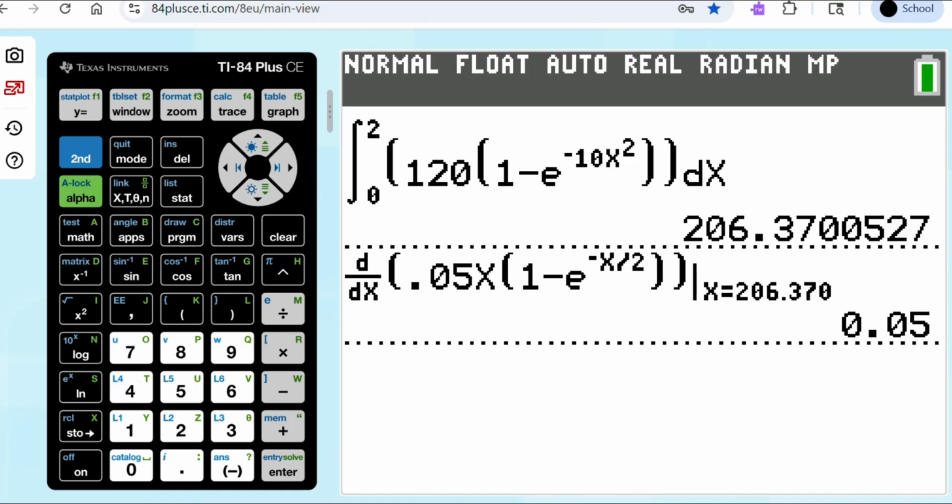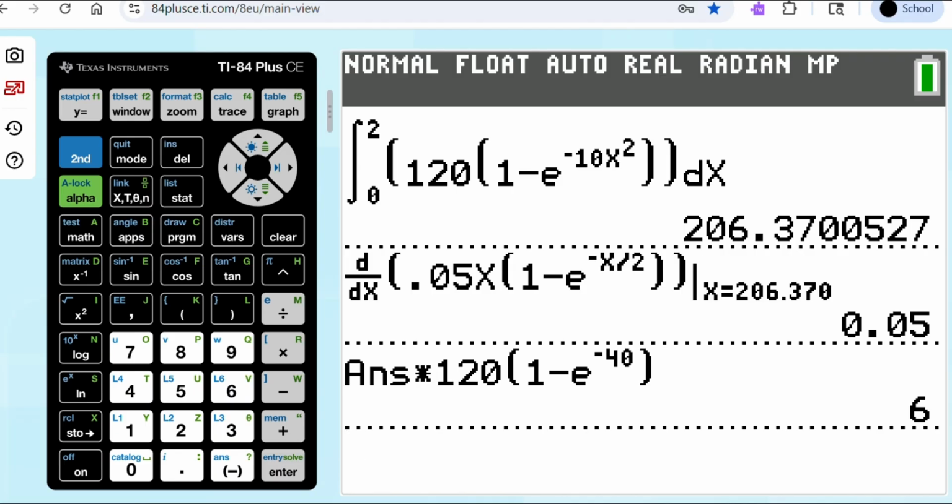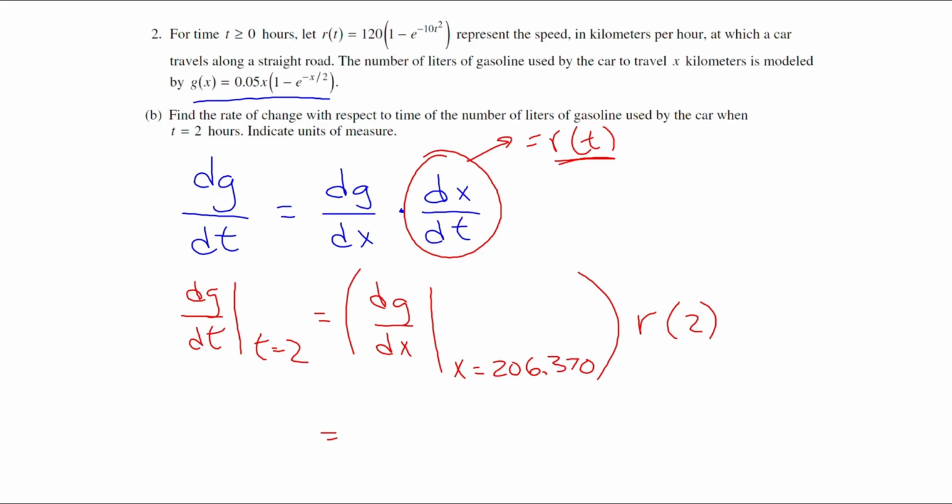And then we're going to multiply that by r evaluated at 2. Well, multiplying that by r evaluated at 2 is multiplying it by 120 times 1 minus e to the negative 10t squared. So if t is 2, negative 10t squared is going to be negative 40. So we're doing 0.05 times 120 times 1 minus e to the negative 40, which comes out to be exactly 6. So our answer here is dg dt at t equals 2 is 6.